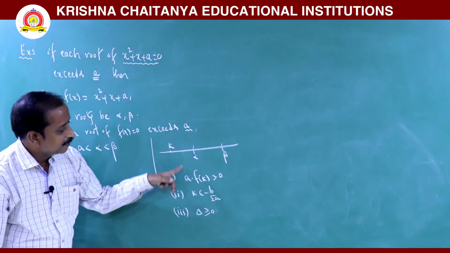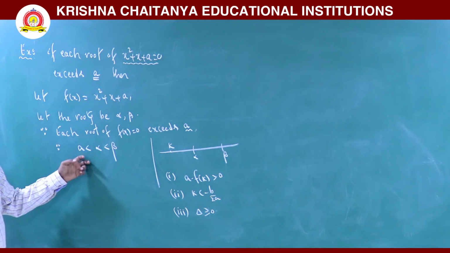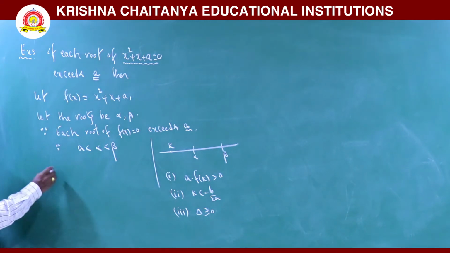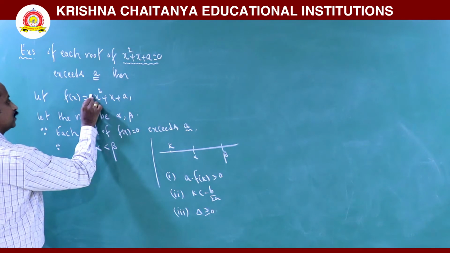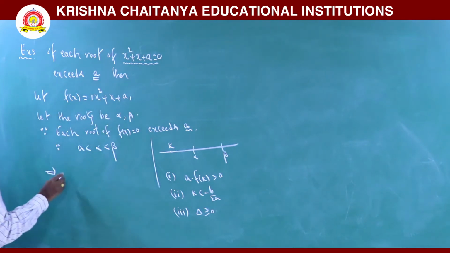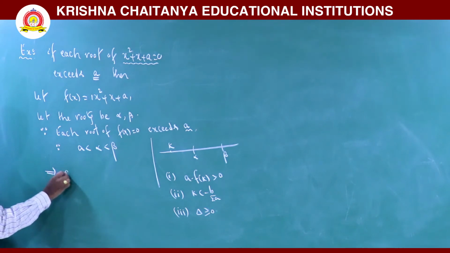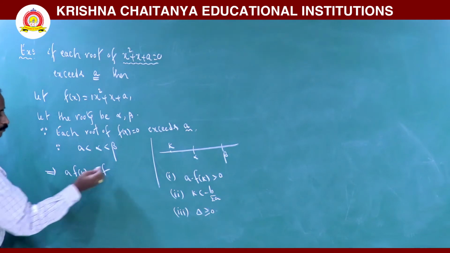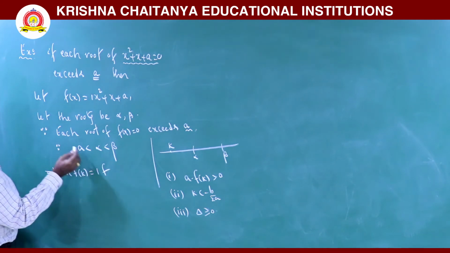Using these three conditions, we can derive the position of a. Now, how to calculate the solution of the problem? Observe here, a means the leading coefficient. So the leading coefficient is 1.